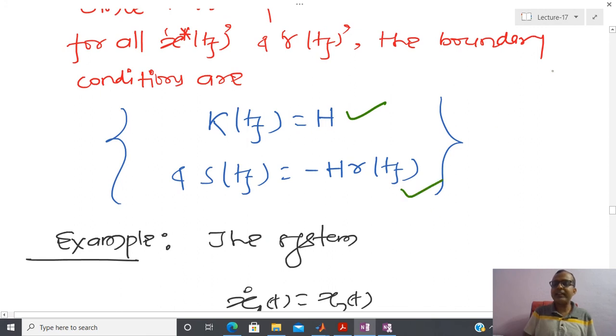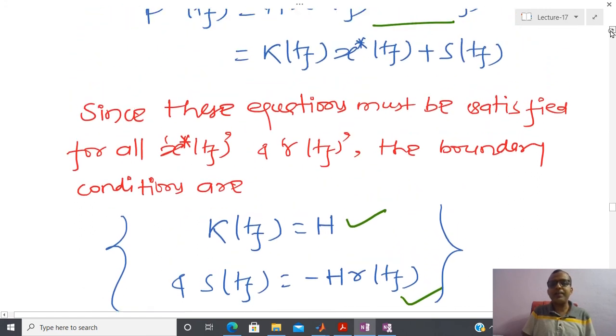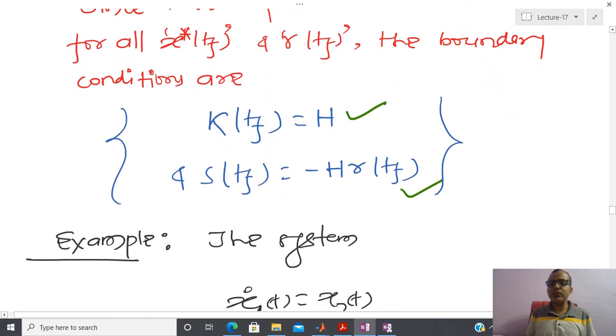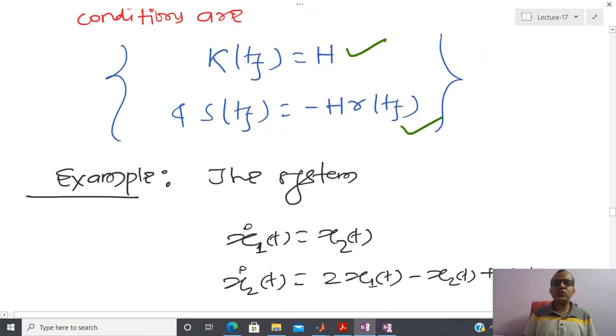And why are we saying that? Because for all time I have to make sure that this boundary condition is satisfied. Due to that reason at the terminal point also this equation should be satisfied, and due to that reason I come up with these two algebraic relations, and using these algebraic equations I can solve for P star.